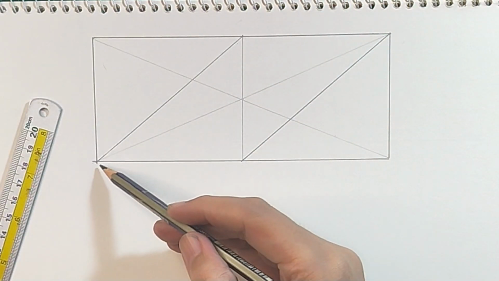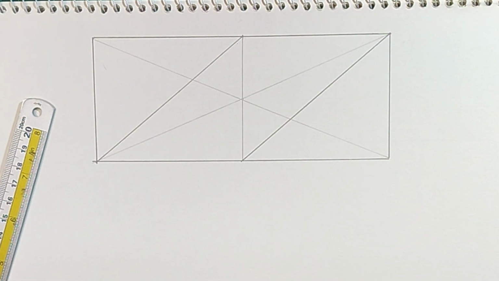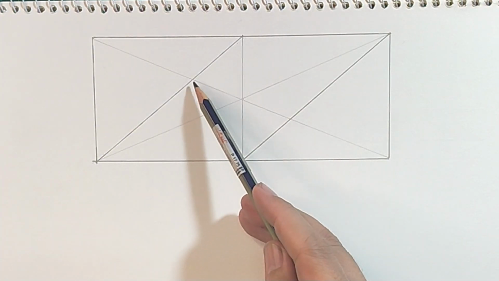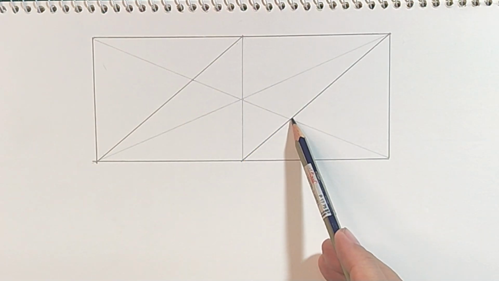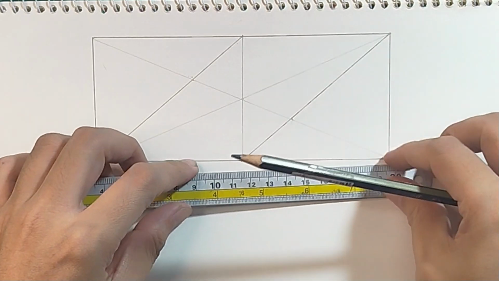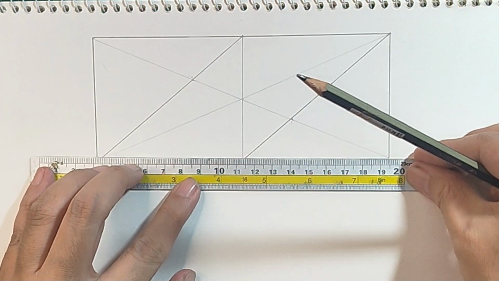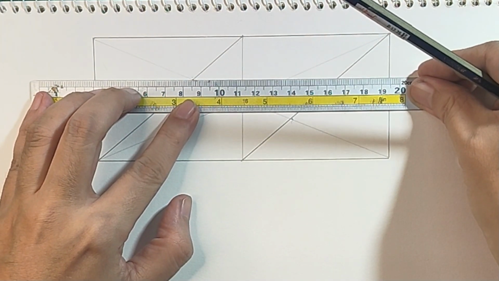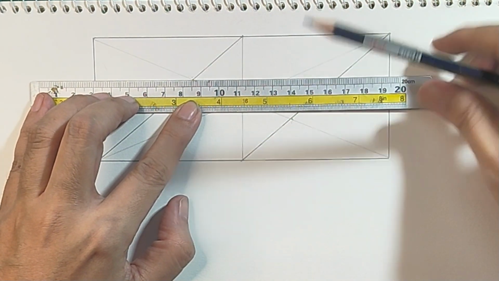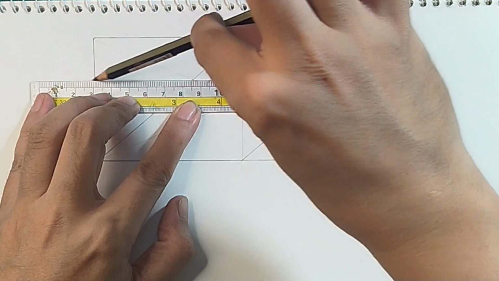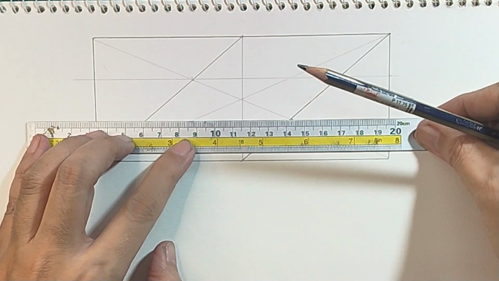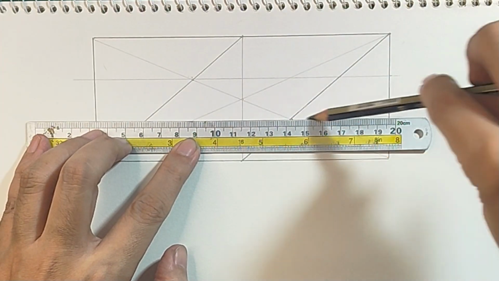Okay, so these are the first 2 important lines that we need.